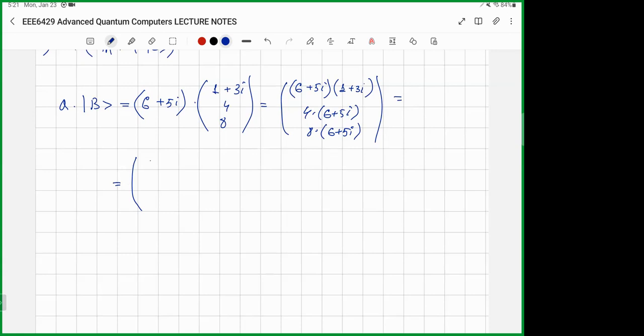So it is 6 plus 18i plus 5i and minus 15. The second one is 24 plus 20i, and the third one is 48 plus 40i.